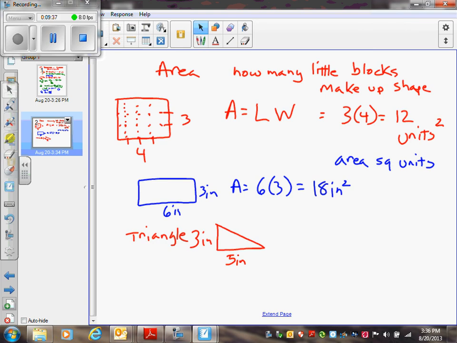With a triangle, you always need to know where the height is. And the height is the part that makes a square corner. In this case, this is a right triangle. Sometimes they're not like that. But the way to think about a triangle is, if I extended from this corner over and then up like that, and make a rectangle, that triangle is half of that rectangle.